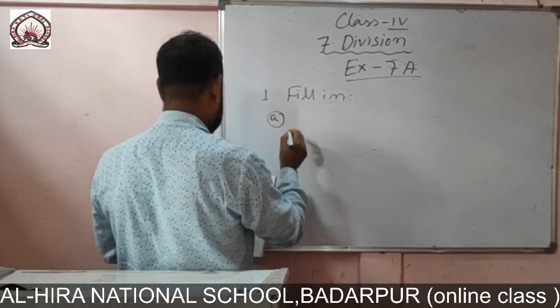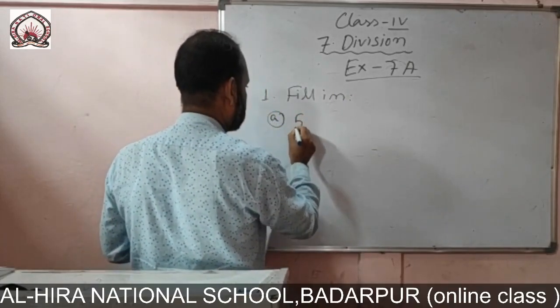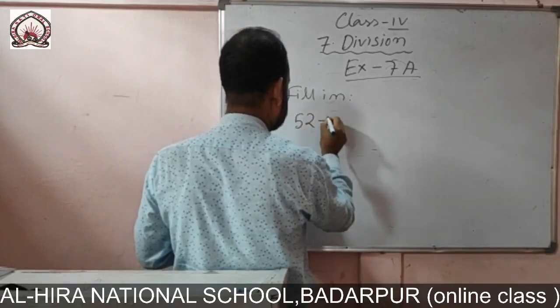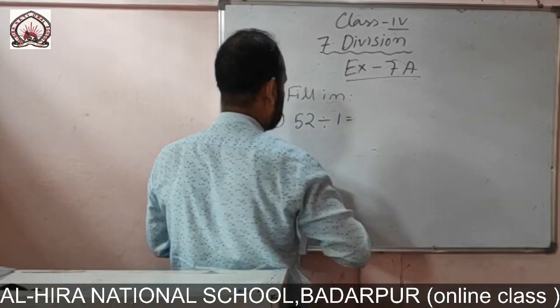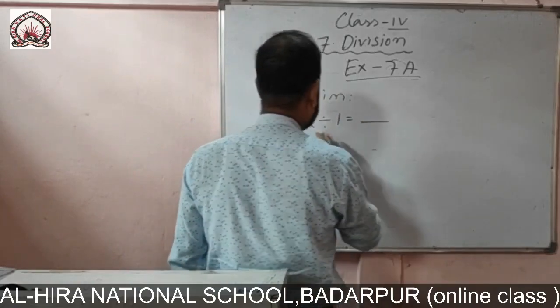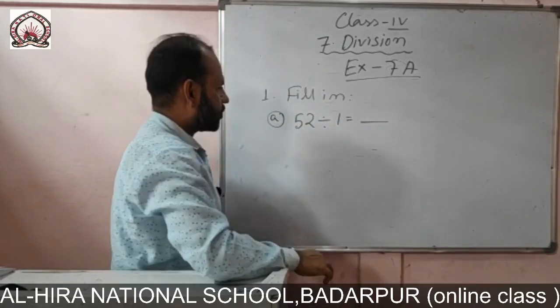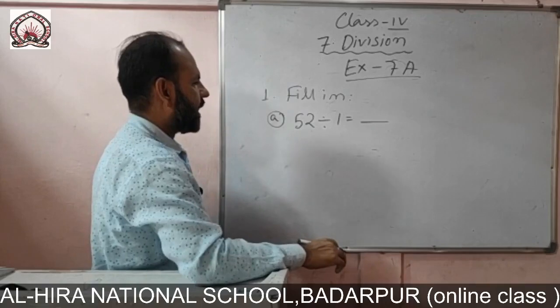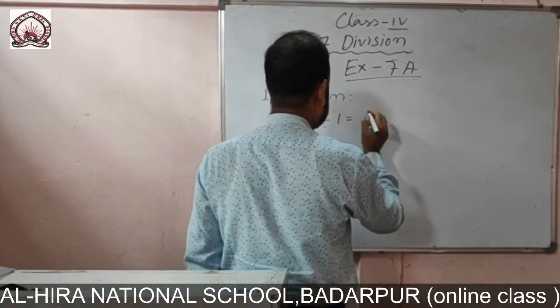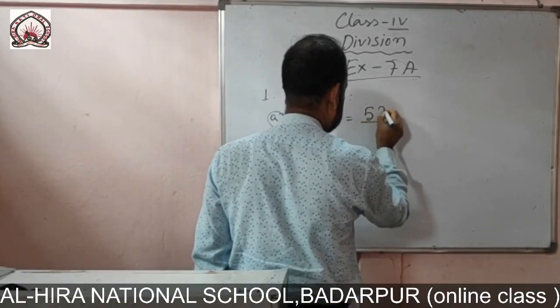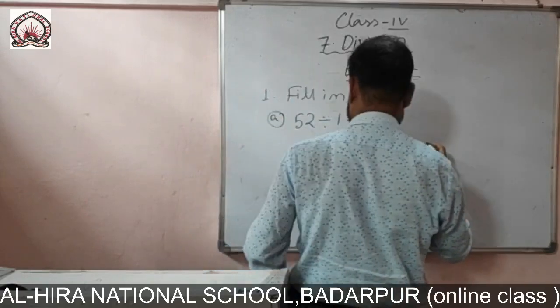A, 52 divide 1. We know if any number divide by 1, then we get same number, then it is 52.